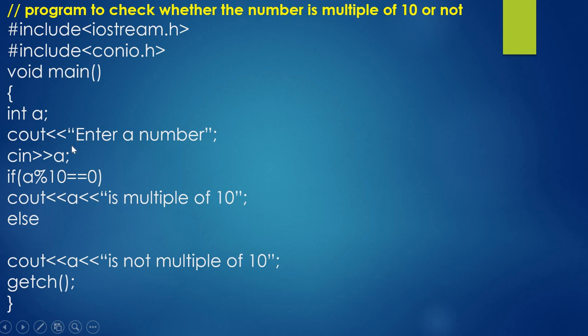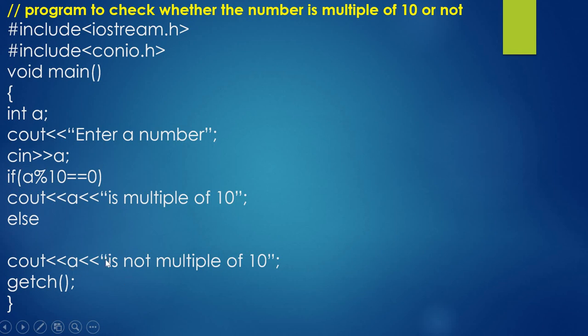And suppose you are giving 25. A is equal to 25. Then what will happen? 25 mod 10. What is the value of 25 mod 10? Remainder of 25 by 10. Remainder is 5. It is not equal to 0. So it will execute the else part. So it will print cout A. What is the value of A? 25.